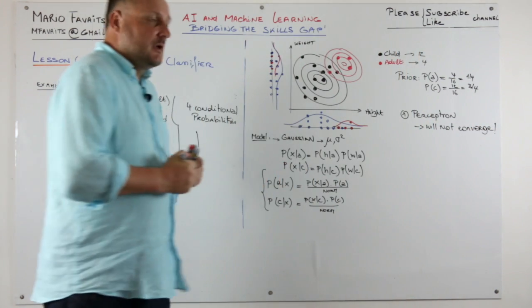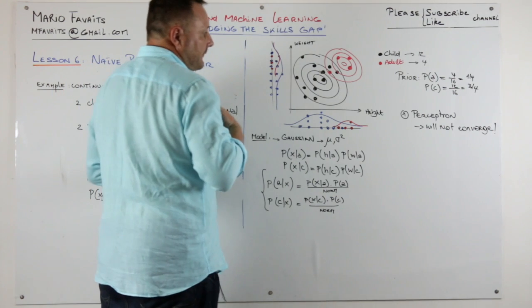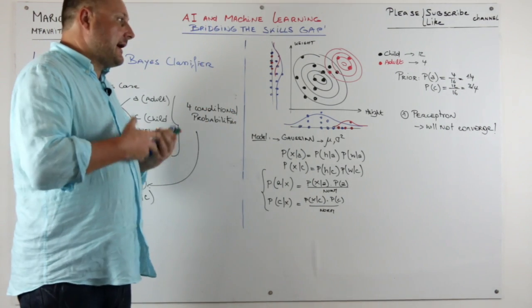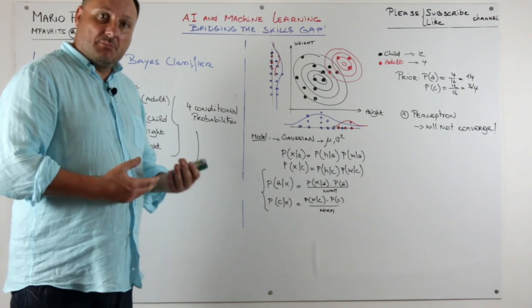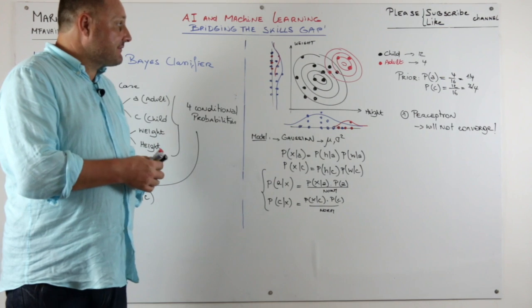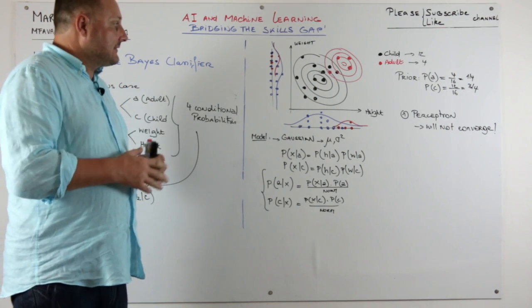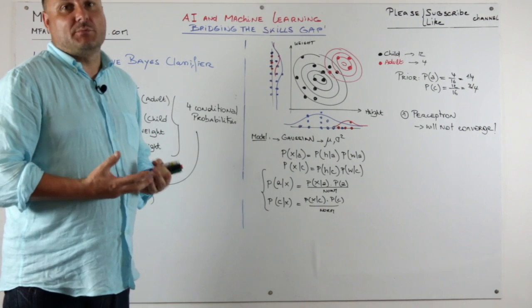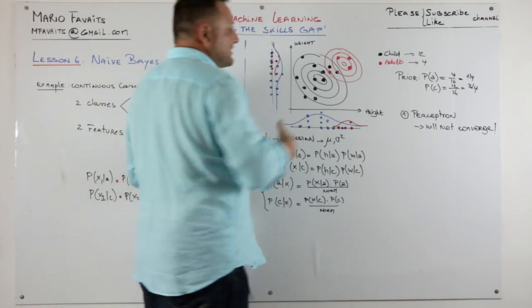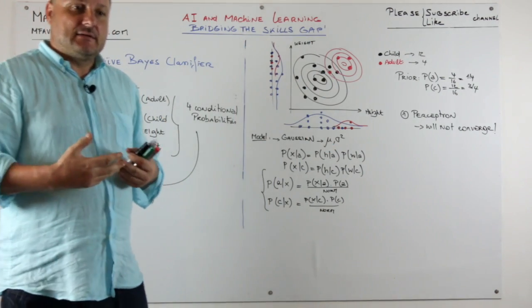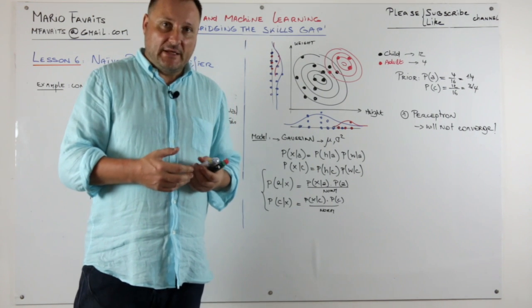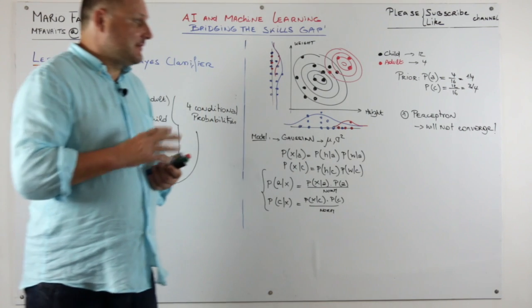So what we do in naive Bayes, we don't have a hyperplane that separates the positive class from the negative class. But instead we have a hyperplane that divides two distributions. So you find a hyperplane that divides two distributions, and that means that the data doesn't have to be linearly separable for naive Bayes to work. So that is the big difference.